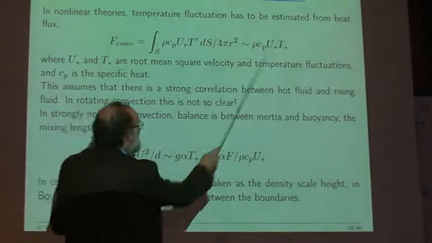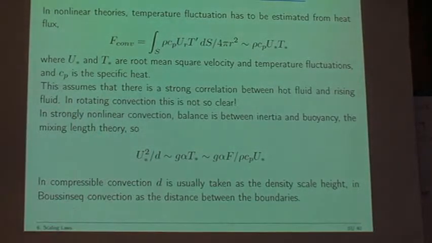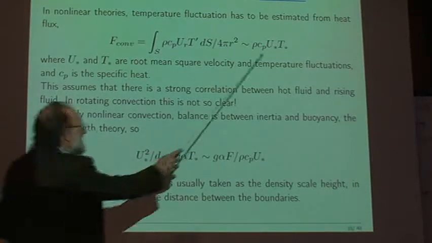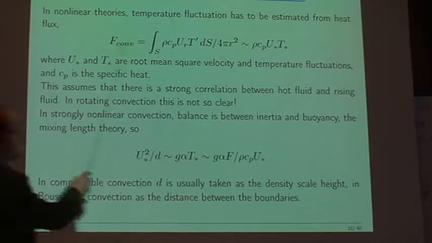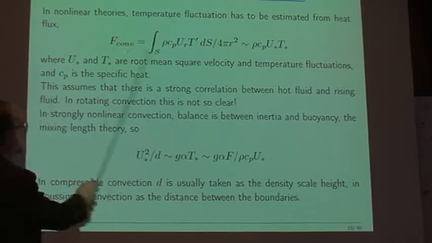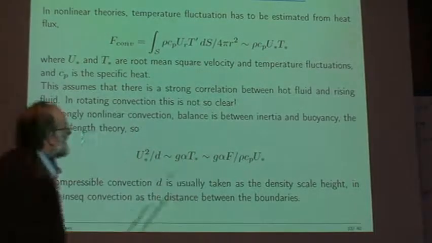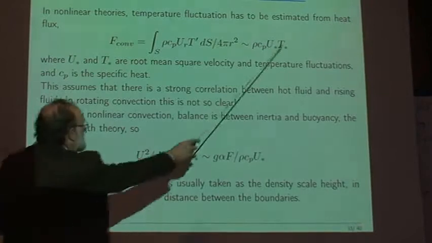There may be a correlation coefficient which is significantly less than 1, but I'm going to ignore that, and I'm going to assume, for simplicity, that hot fluid rises. Okay, so then I can replace basically the convective heat flux by the typical velocity times the typical temperature fluctuation.